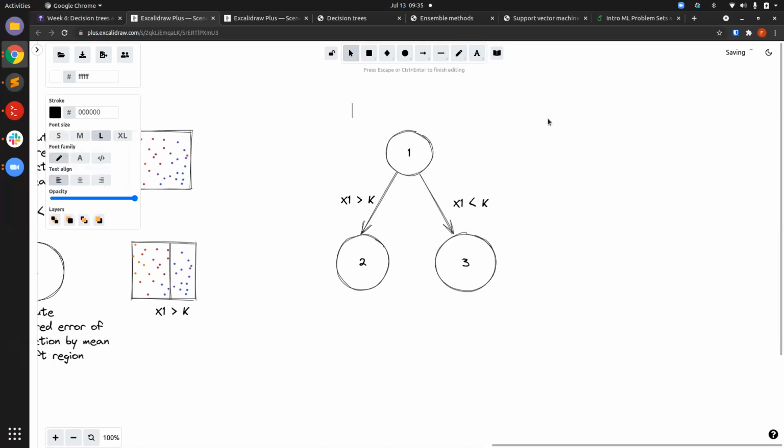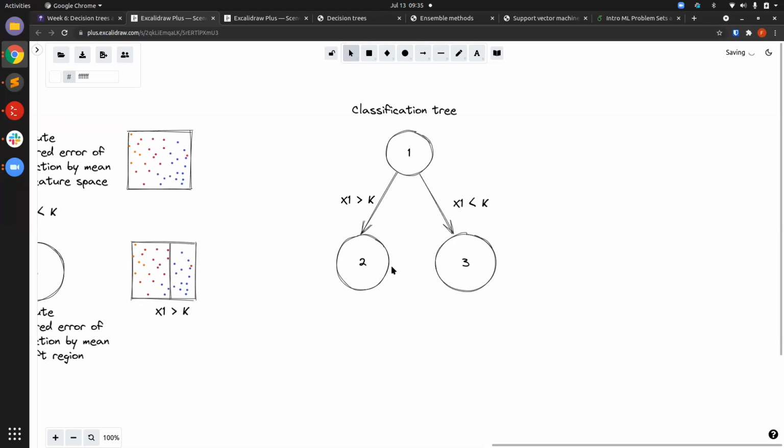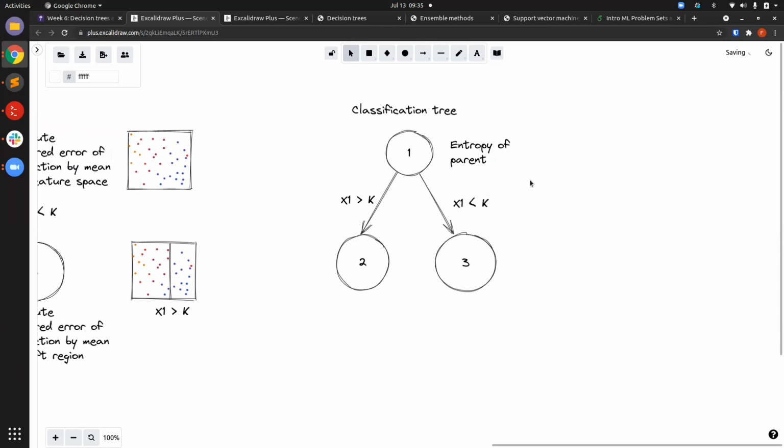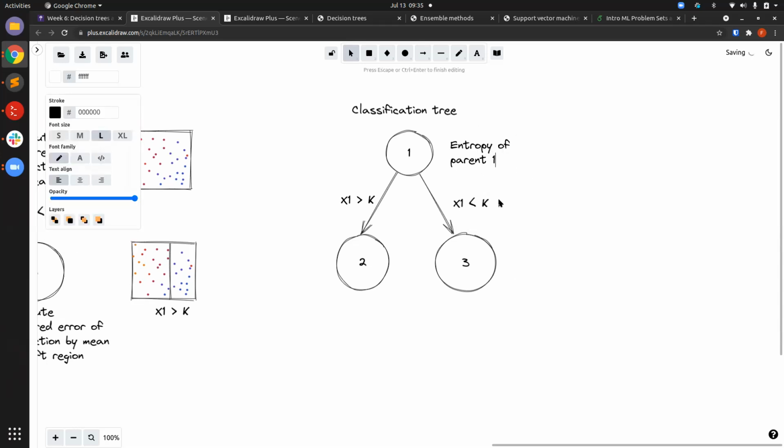Okay, let's try a classification tree. So I split on a feature. I have the entropy of the parent, and remember, entropy is an impurity metric. And then I have the entropy of the potential children.